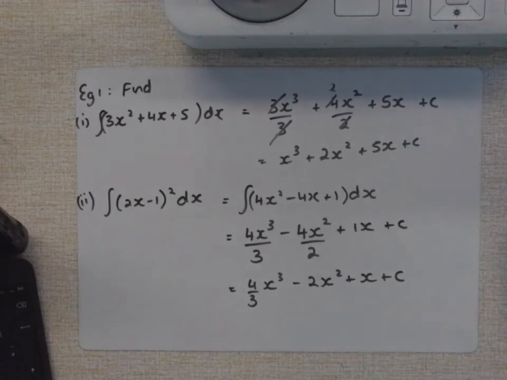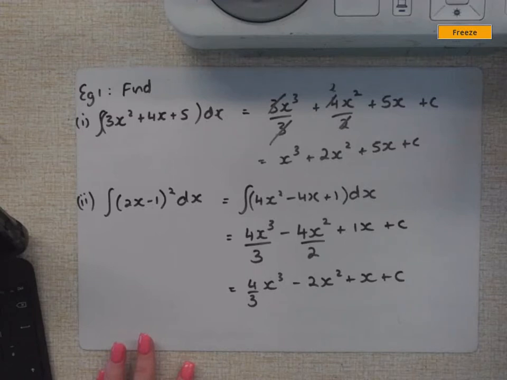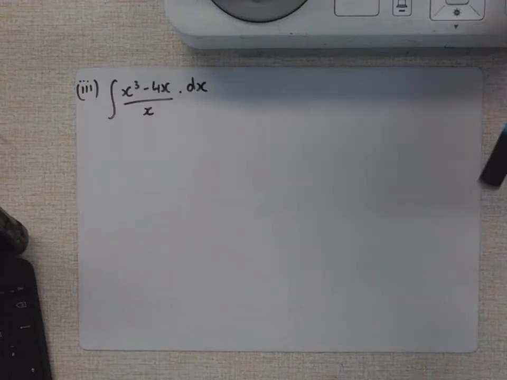Let's do a few more where we have rules thrown in. So, part 3. Can I get rid of this? Okay, x cubed minus 4x over x.